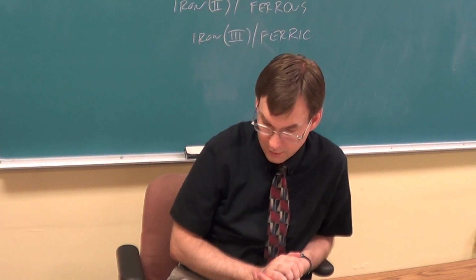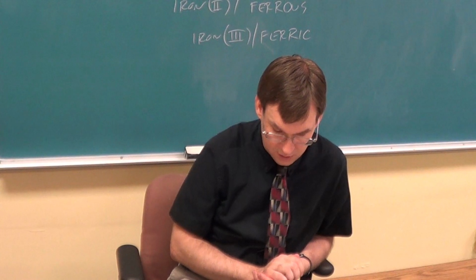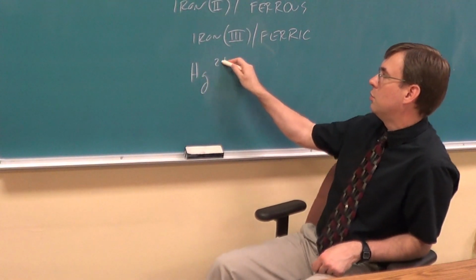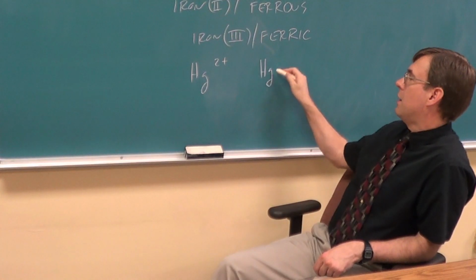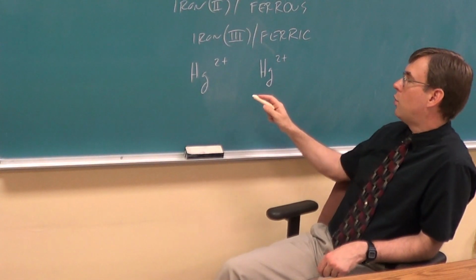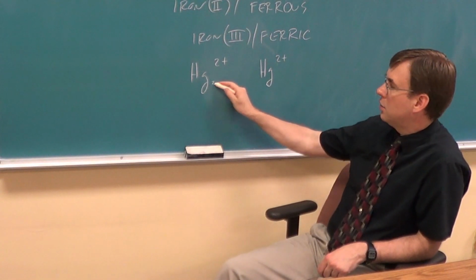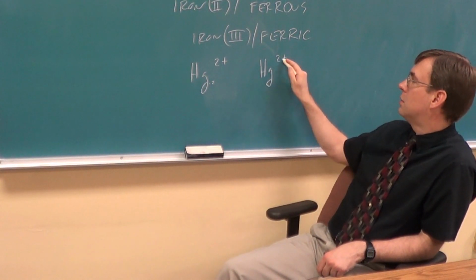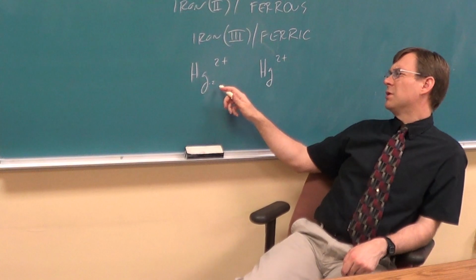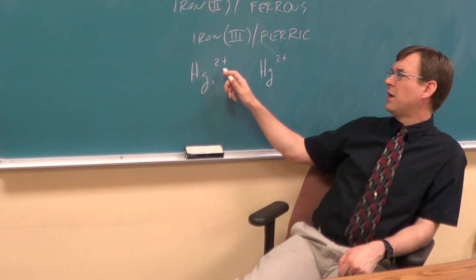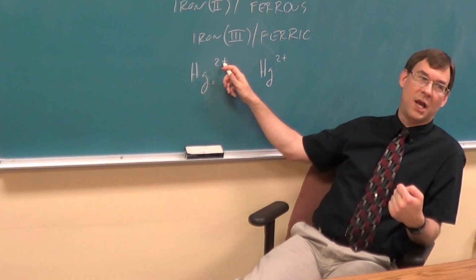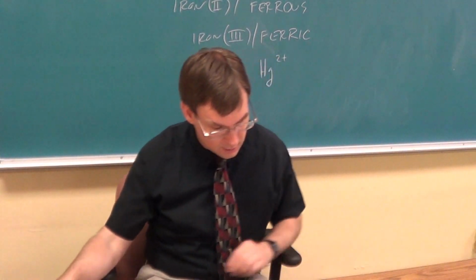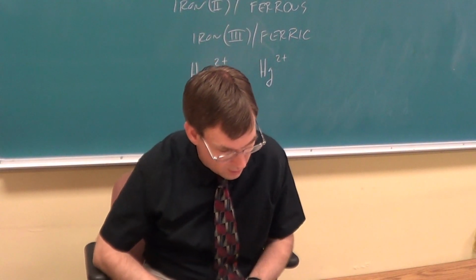Well, guess what? That actually is helpful, because there's 2 of them that have a charge of 2. There's Hg2 2+, and there's Hg2+, where one of these has a little 2 subscript. So Hg2 with the 2+, and Hg with the 2+. Then in terms of the Roman numerals, if there's 2 of them that give you a 2+ total, they each gave you 1. So there's Mercury 1, which is mercurous, and there's Mercury 2, which is mercuric.